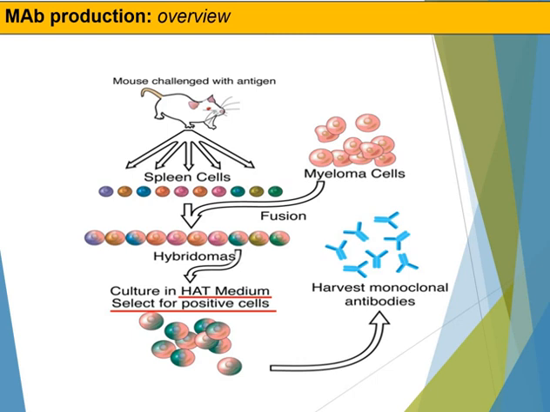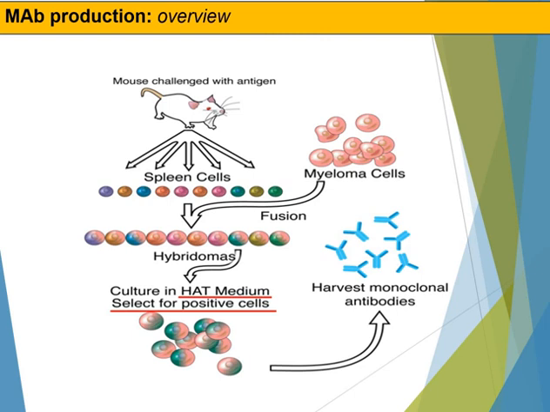And you know what happens? What is the great property of these fused cells, the hybridomas? These fused cells actually produce the desired antibody, and that property is coming from the B cells. They are immortal as well, because the myeloma cell part makes these hybridomas immortal, because they are a fusion of myeloma cell and B cells.